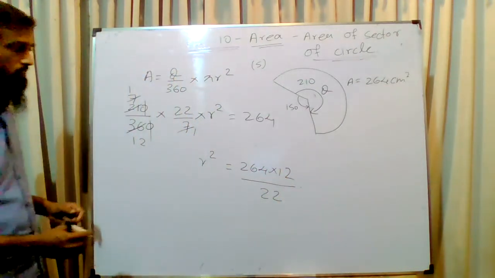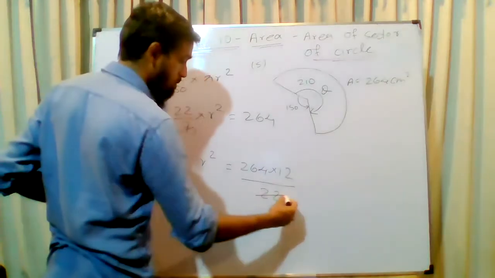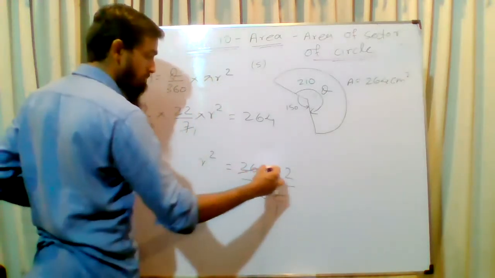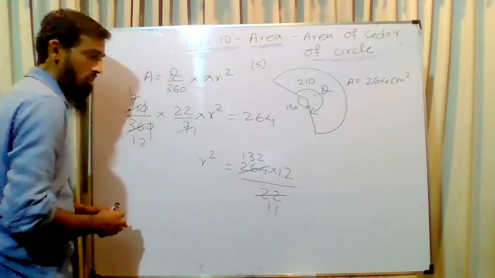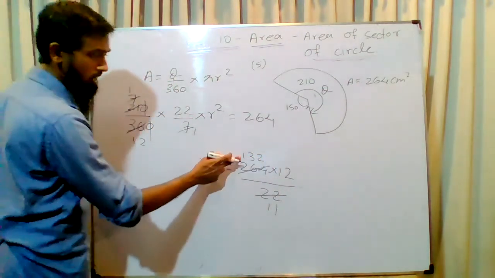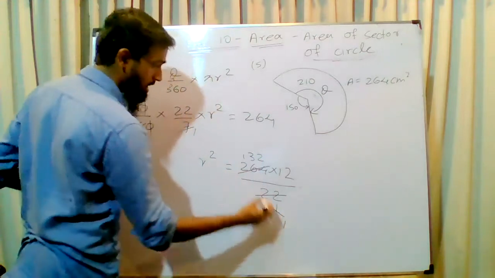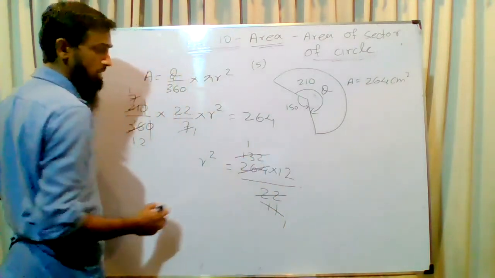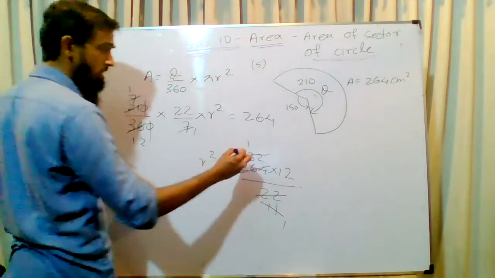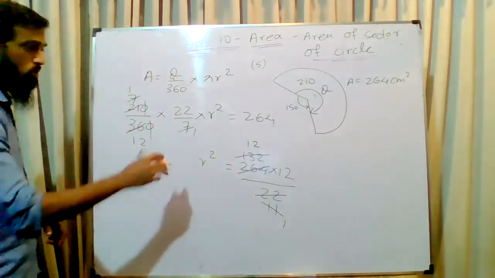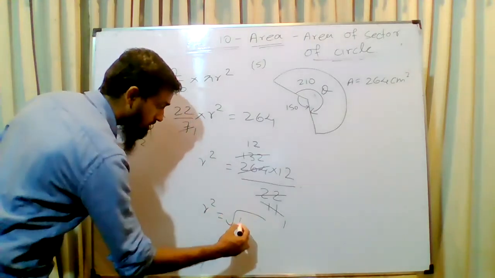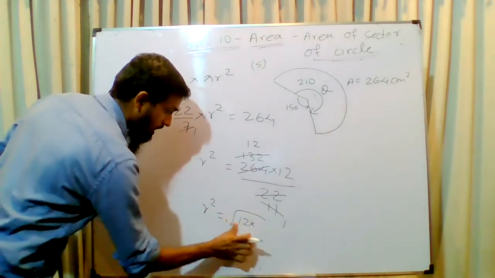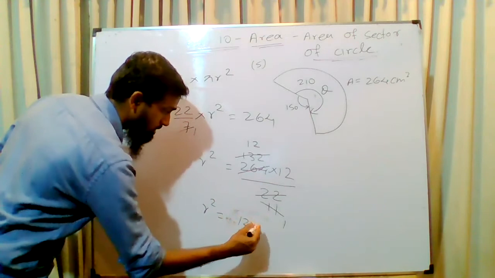So do the simplification, divided by 2, it's 11, divided by 2, 132. Okay, we can divide 132 and 11. So 11 times 1, 13 one time, remaining is 2, 22, it's 2 times. So 12 into 12. So r squared equal 12 into 12.